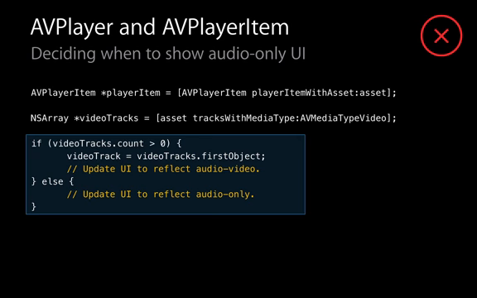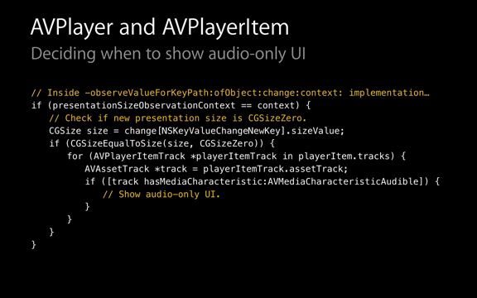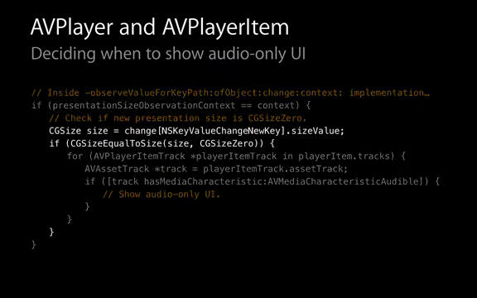Now let's look at how I can do this using KVO. I add myself as an observer for the presentation size on a player item. And once AV Foundation is done loading the presentation size, in your observation callback, first check to make sure that your presentation size is 0 by 0. This way you know none of the tracks have a non-zero presentation size.